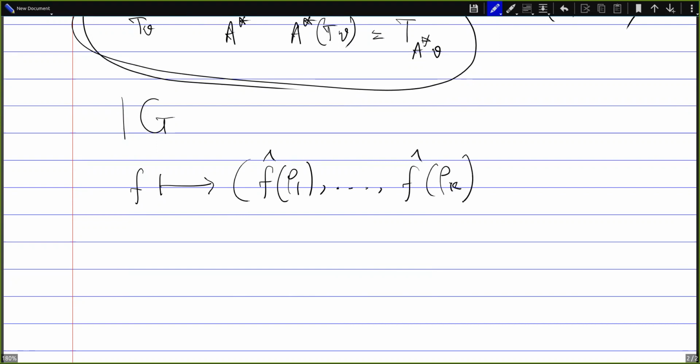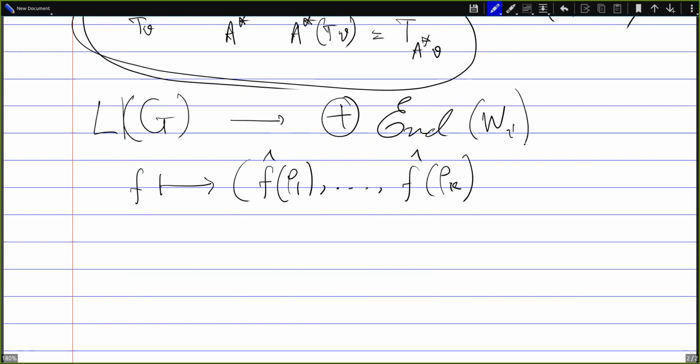So this is a map from the group algebra L(G) to the direct sum of endomorphism algebras. So this was our Fourier transform. Now we will write the Plancherel formula.